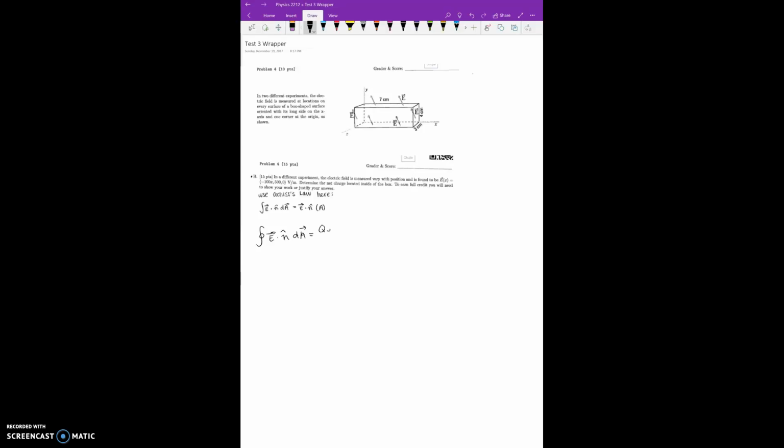And we know that that equals Q enclosed over epsilon naught.